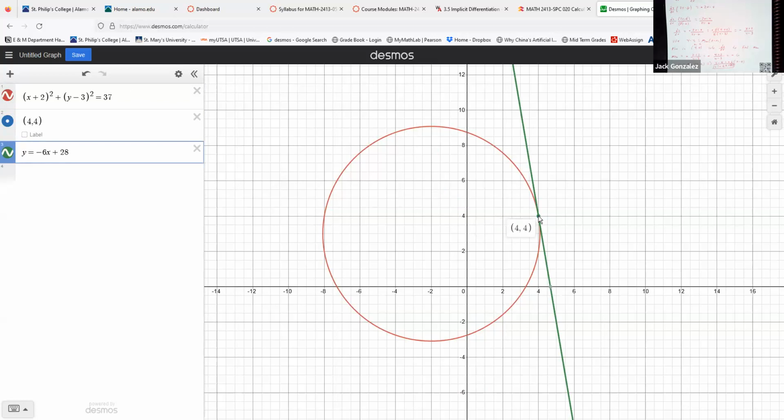Do we care about the slope of negative 6 in the graph, or is it just to find the equation? I'm not sure what you mean, but we need the slope to find the line. And the slope represents the rate of change right at this point.